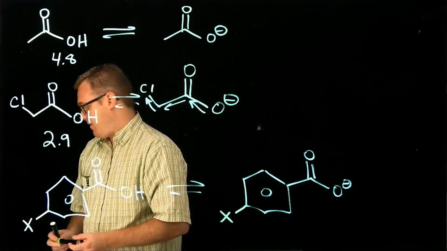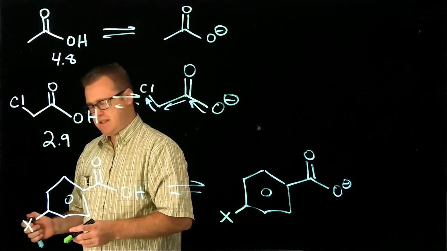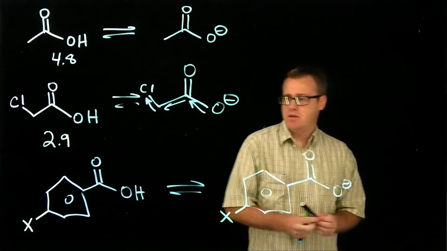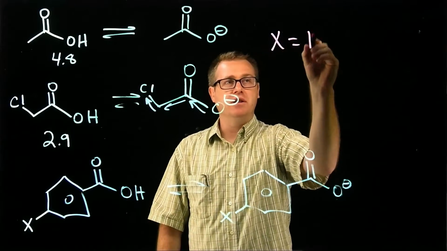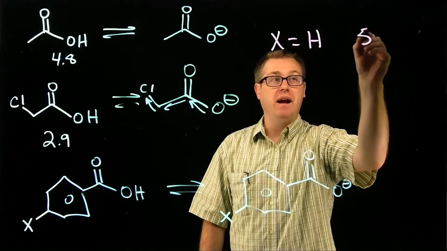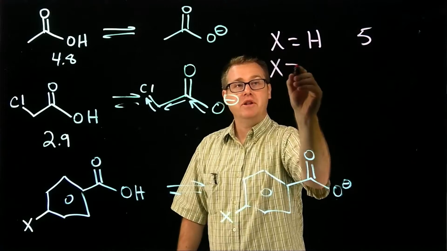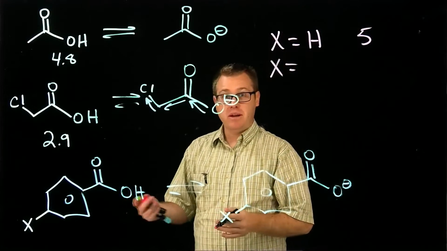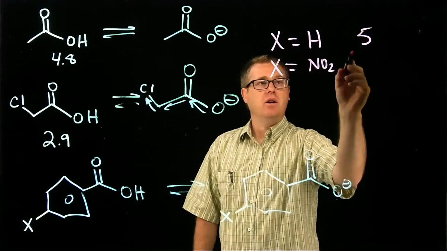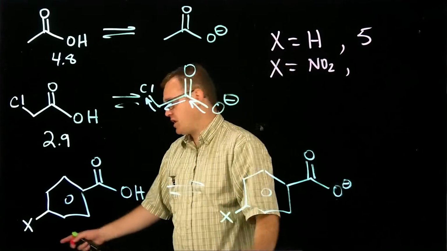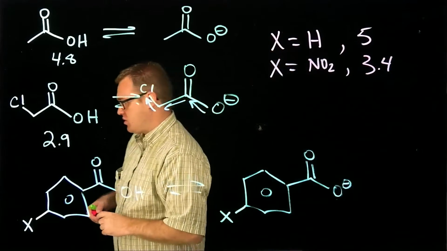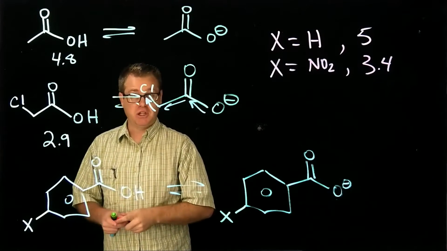So if X, let's put it up here, if our X was hydrogen, so just a simple benzoic acid, the pKa would be around 5. But if we change the X to a really, really strong electron withdrawing group, let's say a nitro group, the pKa of that is going to change to 3.4. So the acidity has drastically changed.